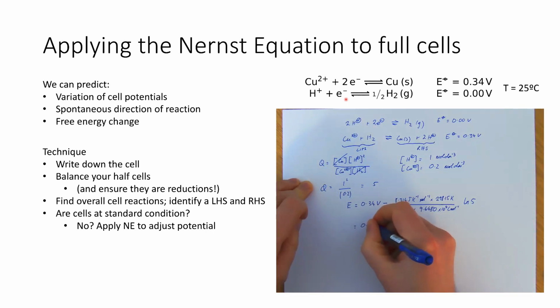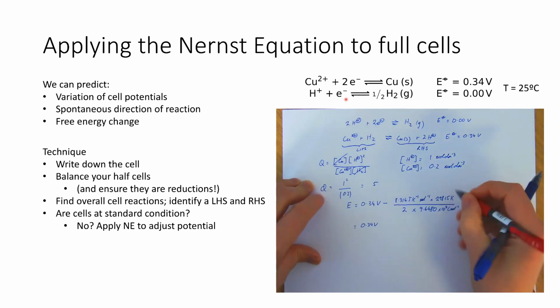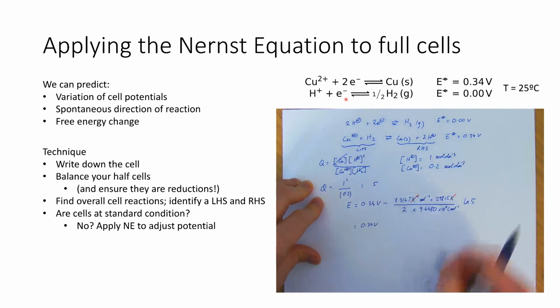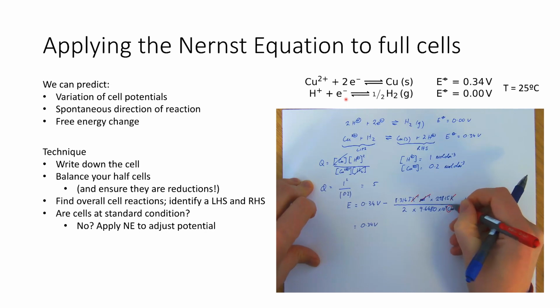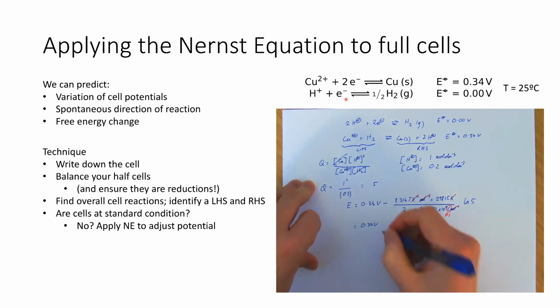Firstly, let's consider the units. Our Kelvin cancel, our per mole cancel, and then we end up with a coulomb, which, if you remember, a coulomb is an amp second. Okay, so that's going to give us our units that we're dealing with. We're working with SI units throughout, so we don't need to do any conversions.